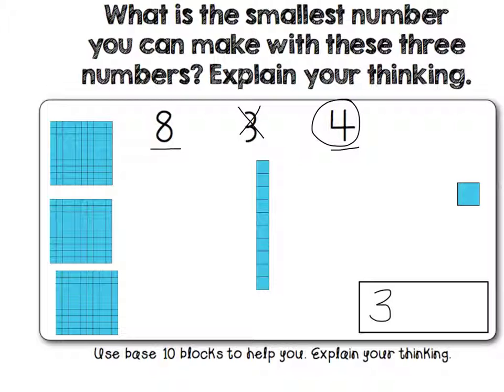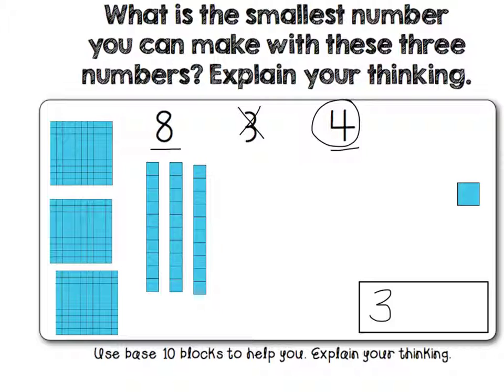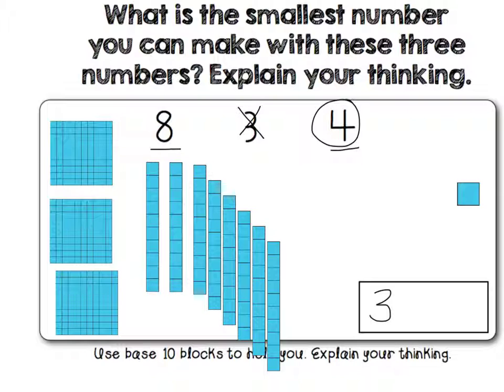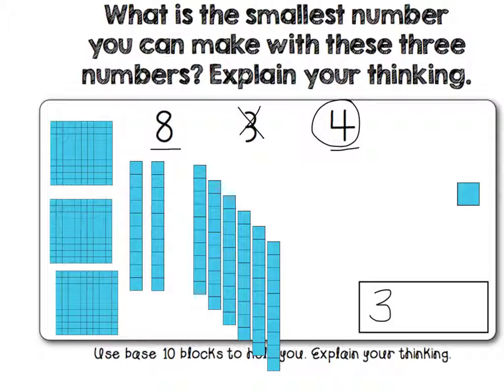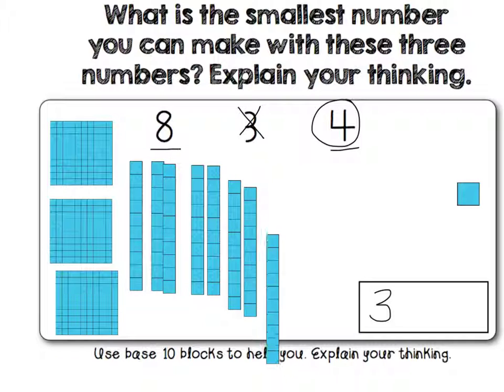I'm going to count out my 8 tens. So I've got 1, 2, 3, 4, 5, 6, 7, and 8. So that's 10, 20, 30, 40, 50, 60, 70, 80.